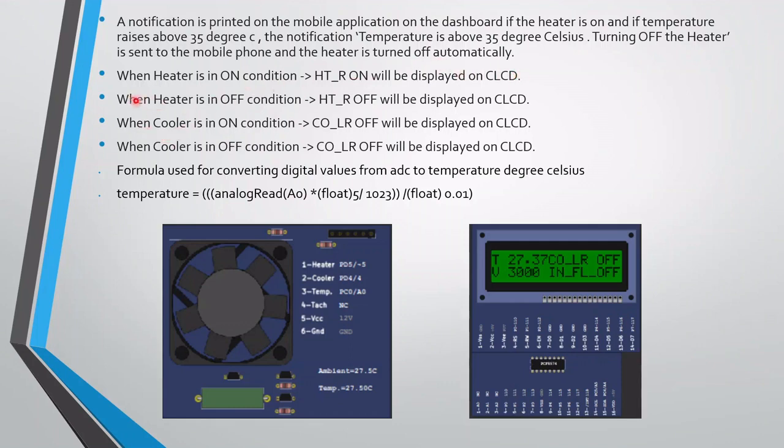When the heater is in off condition, "heater off" will be displayed on the CLCD. Similarly for the cooler. Here, a formula must be used for converting digital values from the ADC to temperature in degrees Celsius. This is the formula used for the conversion.